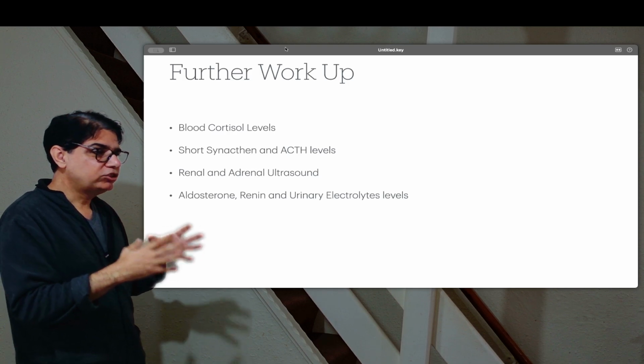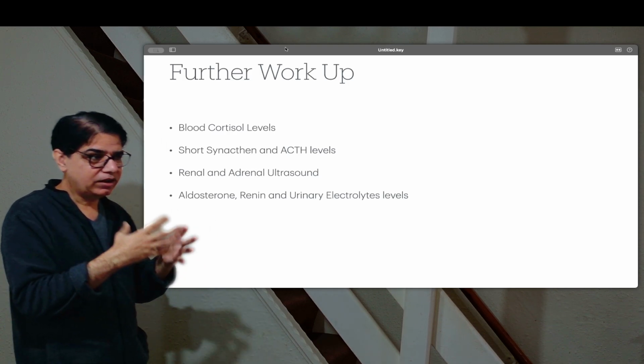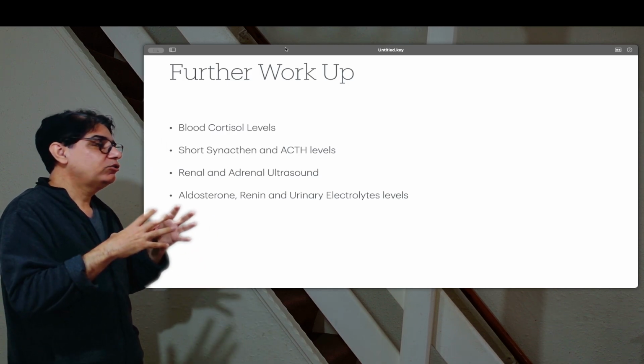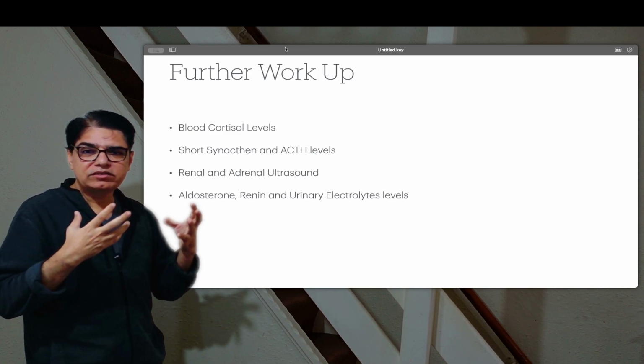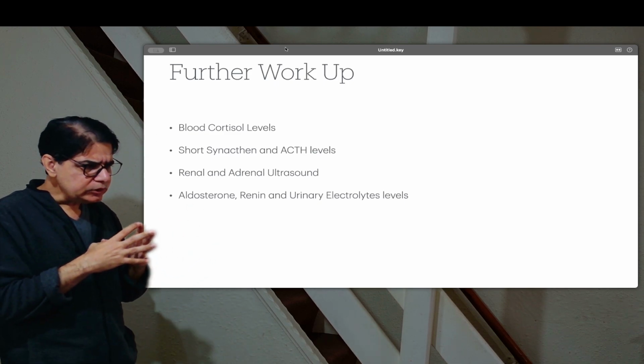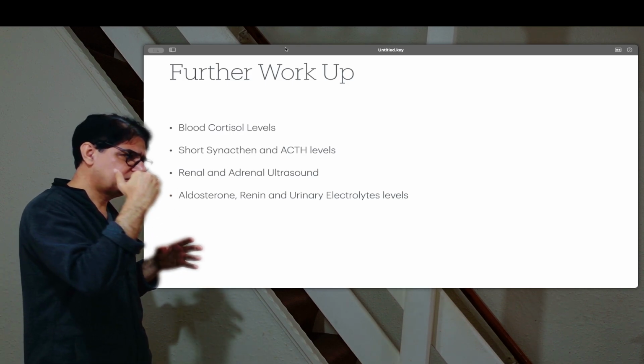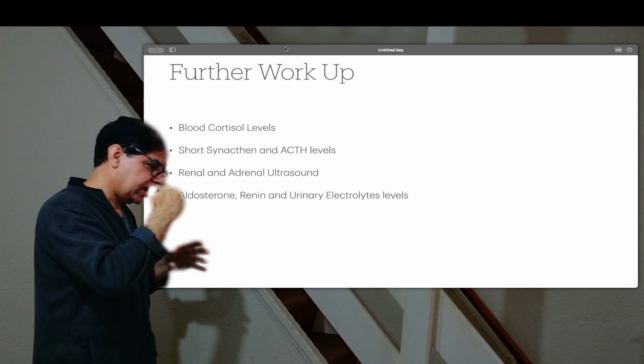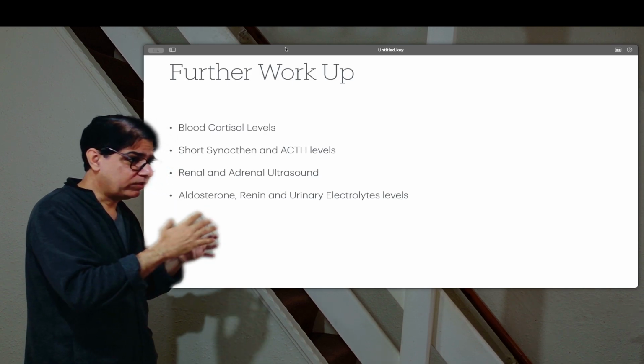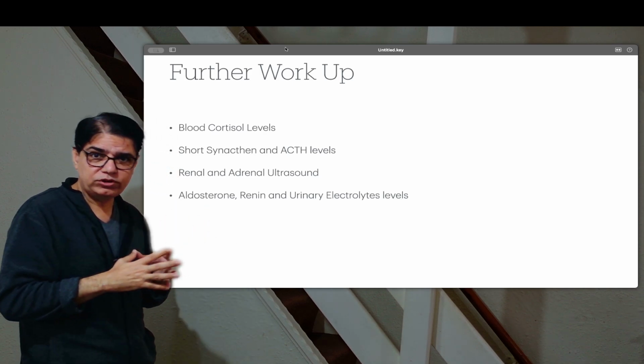You have to check the ACTH levels, whether they are high, low, or normal, and do what we call the short synacthen test as well, to see where the problem lies in this whole axis, whether it's the hypothalamus, the pituitary, the adrenal glands themselves, or end organ resistance to cortisol.